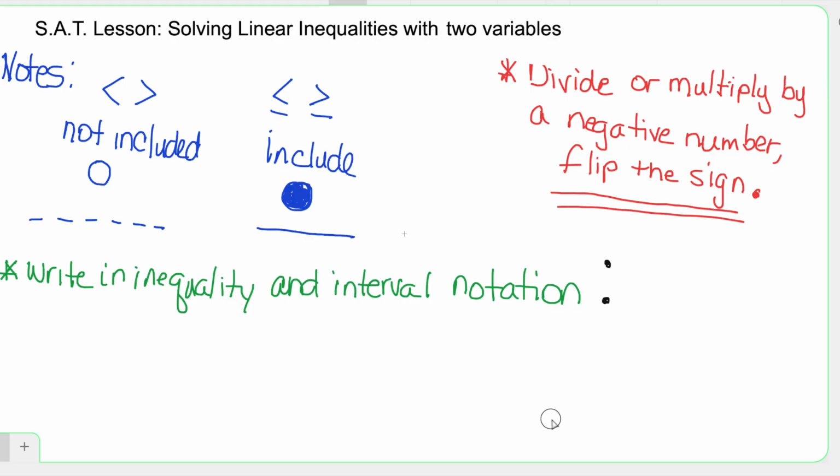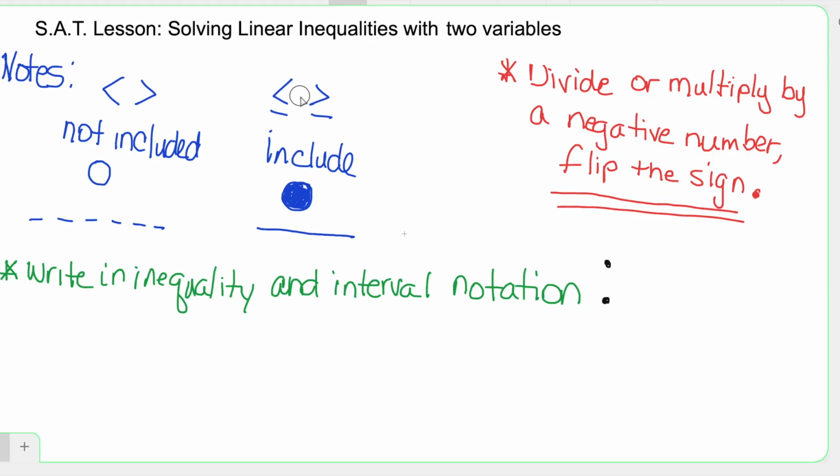Okay. So the notes I kept from the previous video, we know that when we're dealing with an inequality symbol, greater than and less than. This is less than, this is greater than, it's not included. We have an open circle, dotted lines when we graph it.